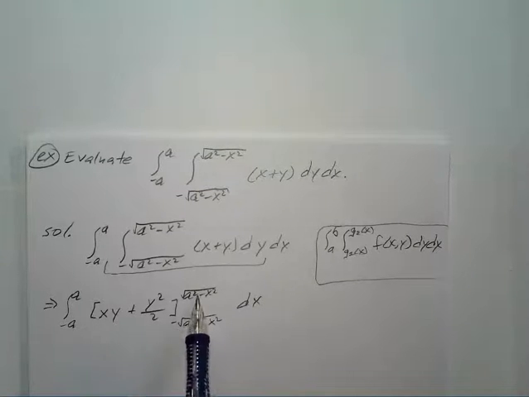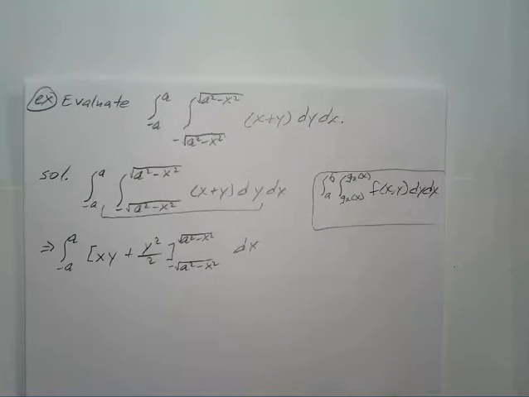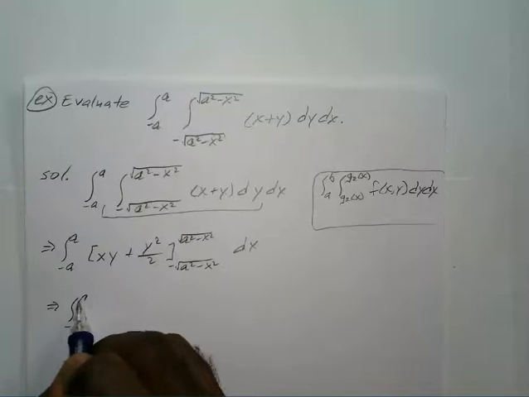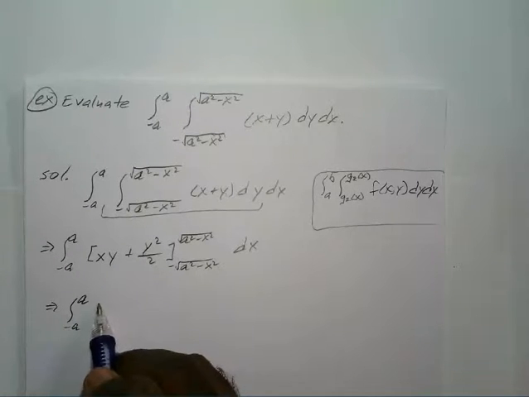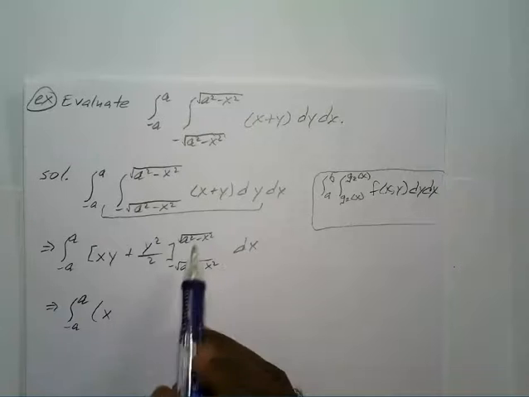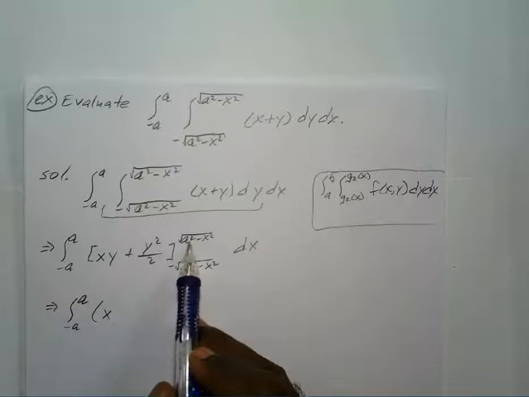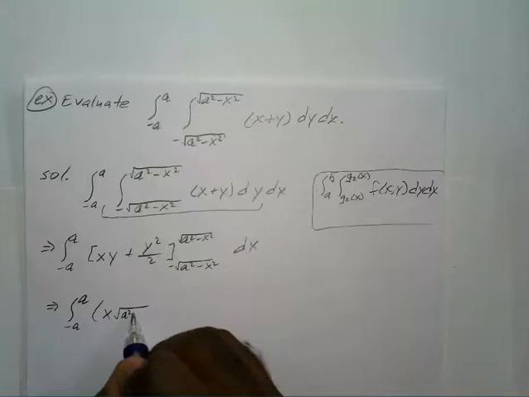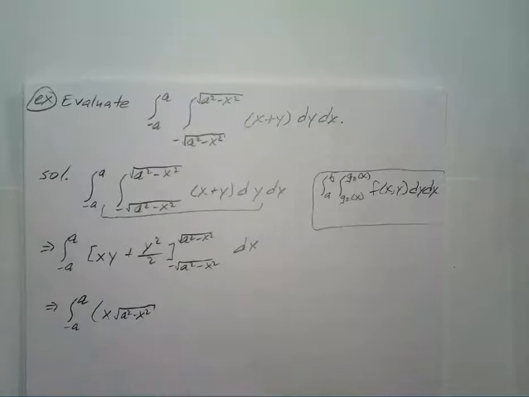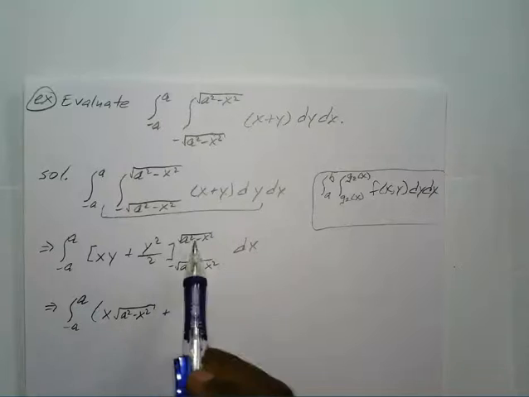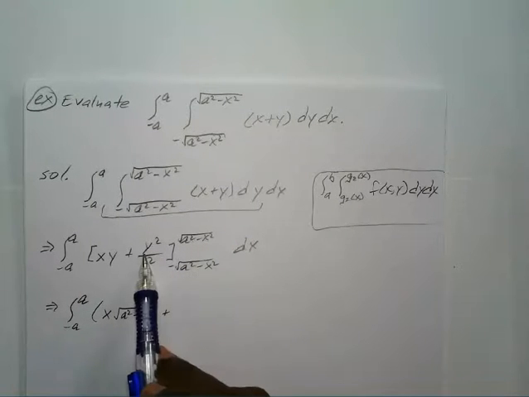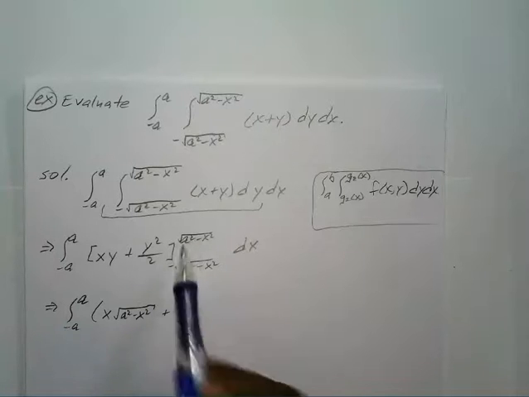Okay, which means we're going to go ahead and just plug both of those in with our y values. So the integral from negative a to a, you have x times square root of a squared minus x squared plus square root of a squared minus x squared squared, which would actually just get rid of the square root.